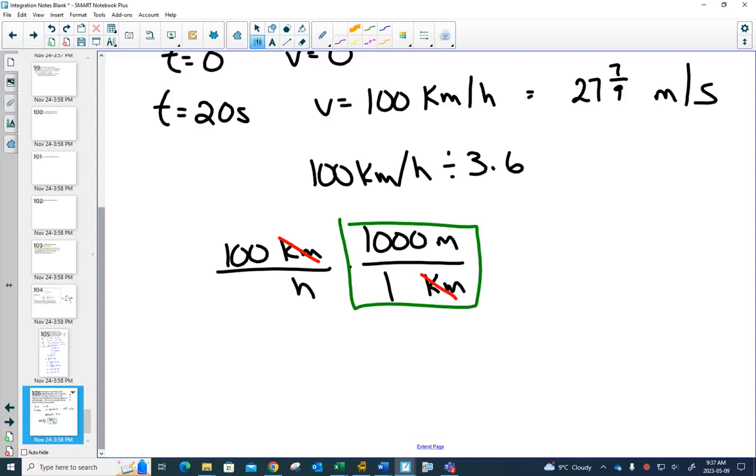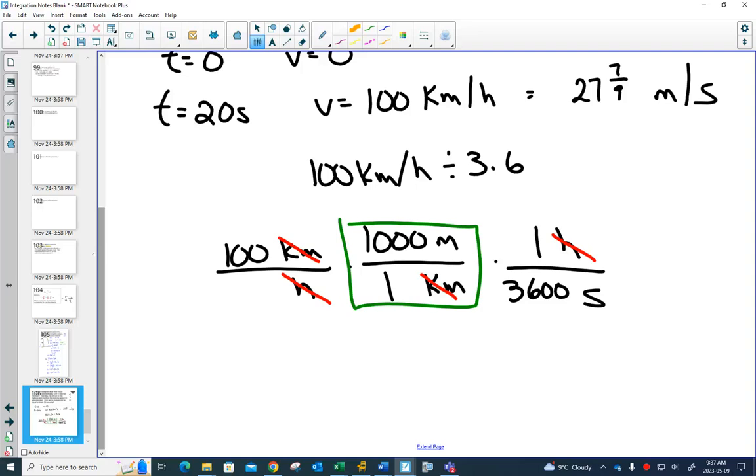The next thing I could do is multiply by 1 hour is how many seconds? There are 60 minutes in an hour and 60 seconds in a minute, so this becomes 3,600 seconds, and my hour units cancel out.